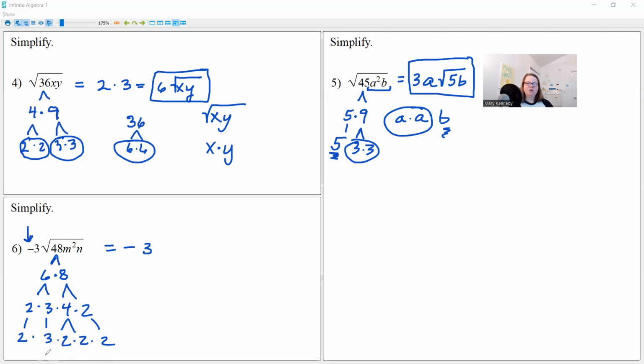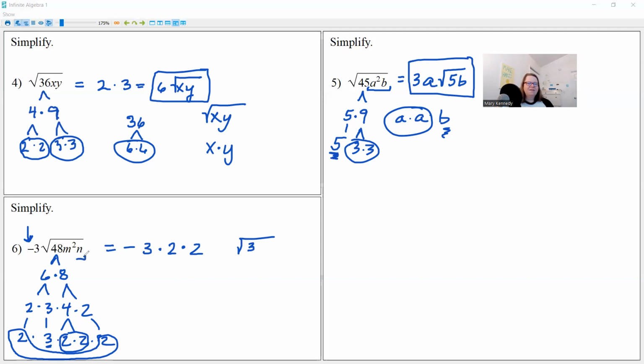All right, pairs are perfect squares. So I have a pair of 2's right here, but notice I have a pair of 2's on the outsides as well. So I have that pair of 2's and the other pair of 2's. I had 2 perfect squares, so I have 2 2's. And then I have this 3, the sad little 3 that does not have a partner. So 3 stays underneath the radical.